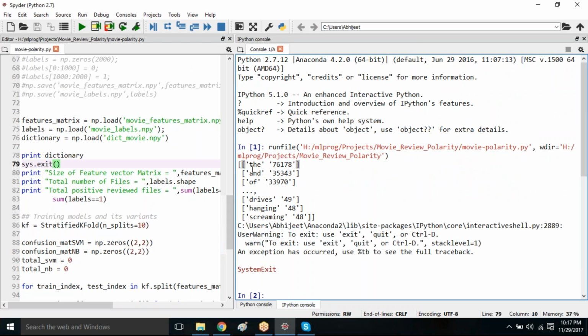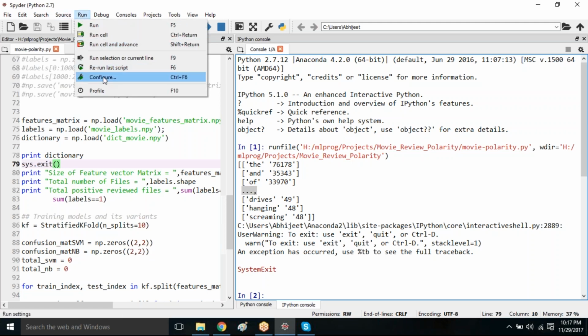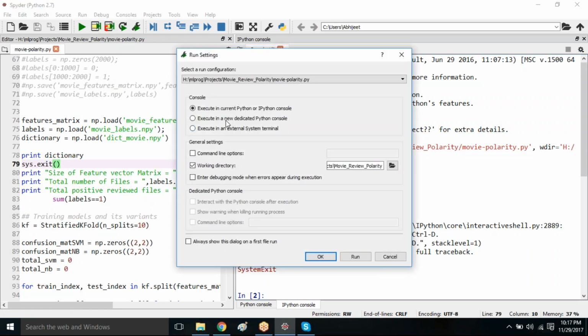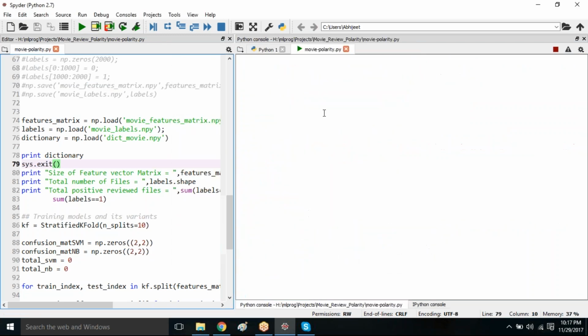Can you see this? These are words. See, these are words, right? The has come how many times, can you say?